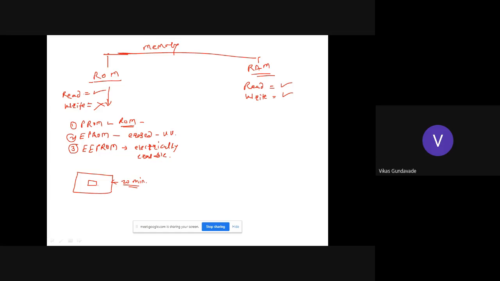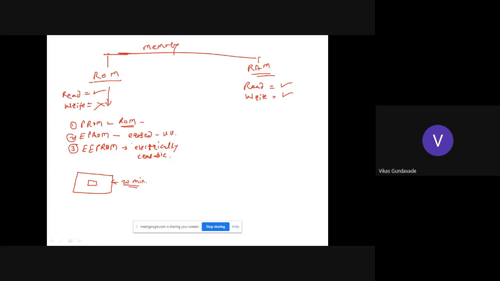So this is the EPROM which gets electrically erased. That's why it is called EEPROM. Similarly, we have different memories like flash ROM, mask ROM, and so on.